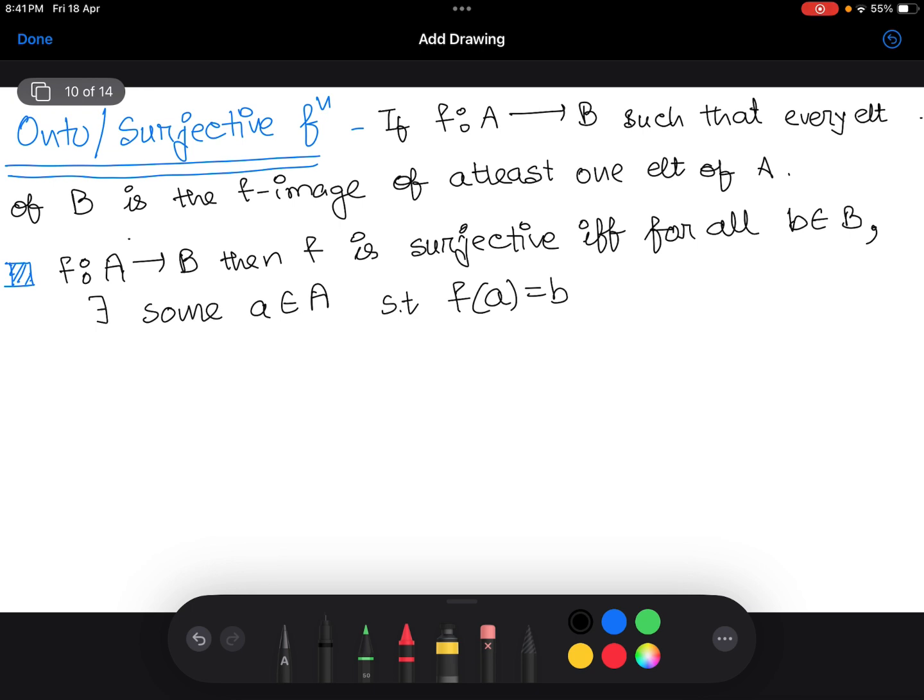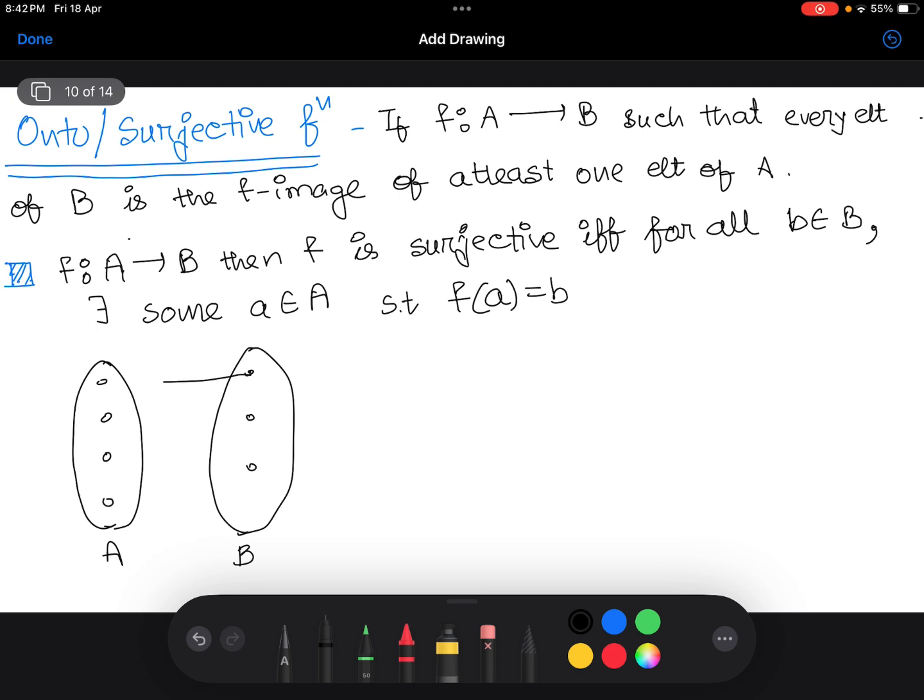We can understand it by a graph or a drawing like this. Let's say this be A, this be B. We have these 4 points, and here 3.